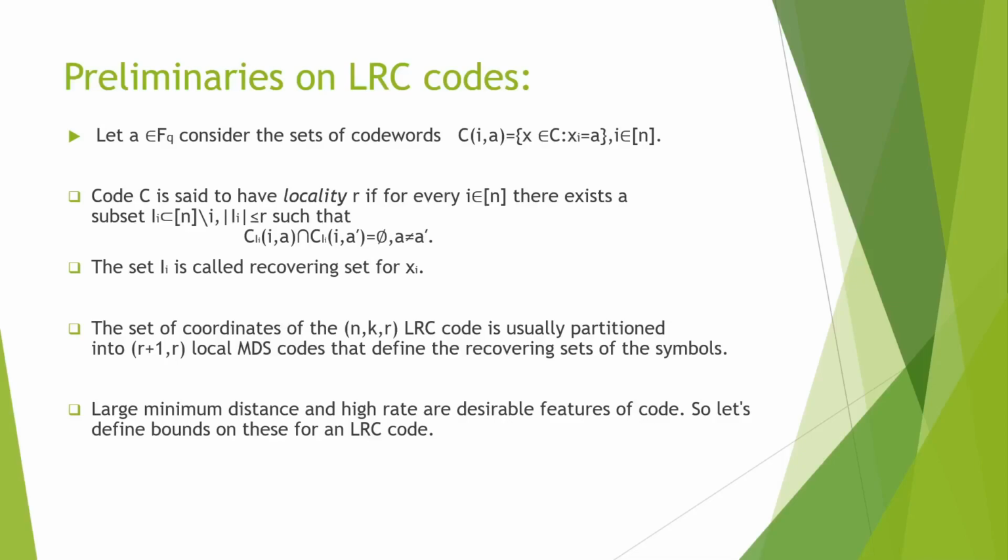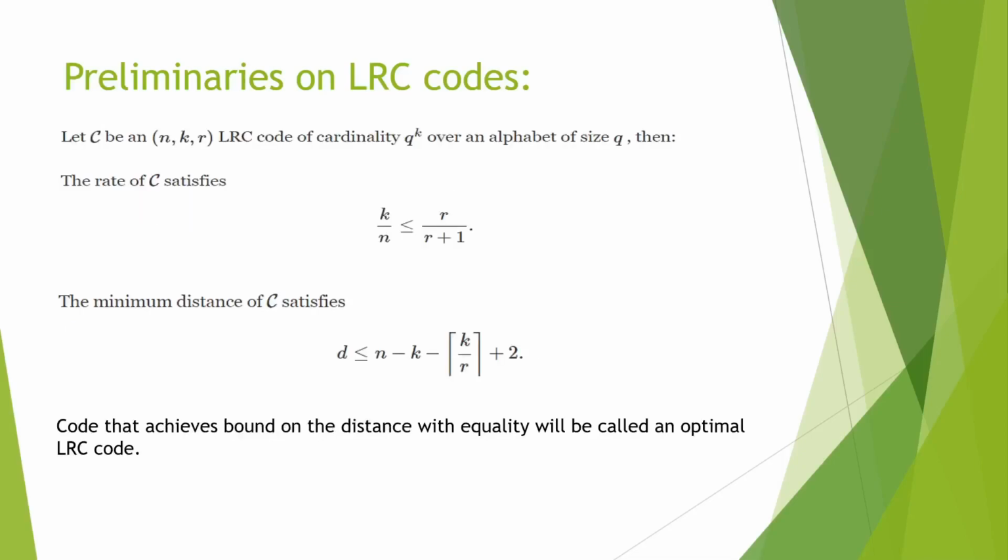The set of coordinates of the (n, k, r) LRC code is usually partitioned into (r+1, r) local MDS codes that define the recovering sets of symbols. And a large minimum distance and high rate are desirable features of the code. So let's define the bound on this code for an LRC code. Let C be an (n, k, r) LRC code of cardinality q^k over an alphabet of size q.